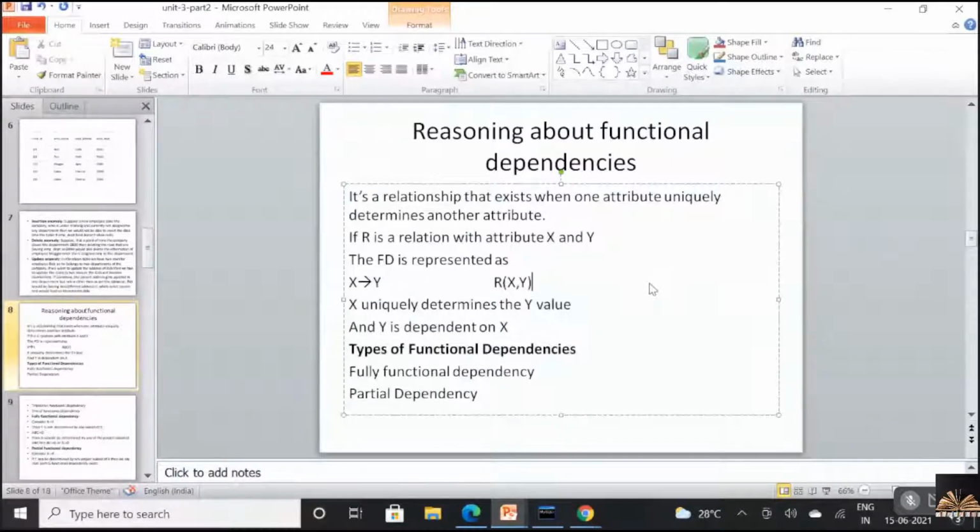Then the functional dependency is represented as X arrow Y. The meaning of this is X uniquely determines the value of Y, or Y is dependent on X. That is the concept of functional dependency.